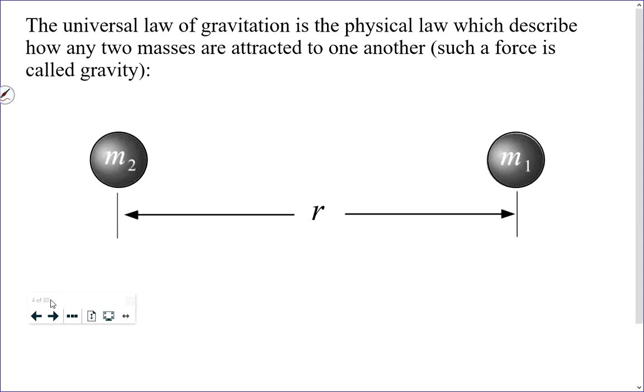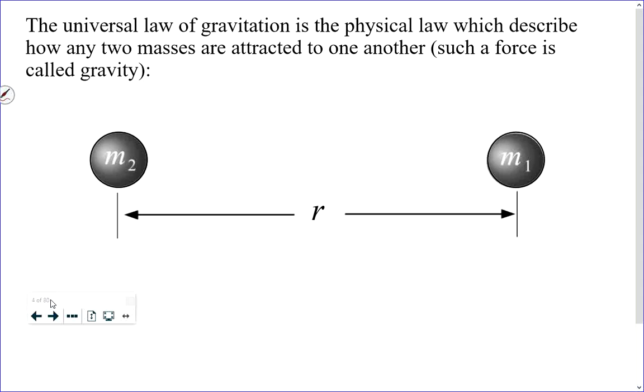Your calculator is attracted to your phone. But for small masses, the force of gravity, which is that force of attraction that I'm talking about, is very, very small. Gravity usually only reveals itself to us when you're talking about large masses.